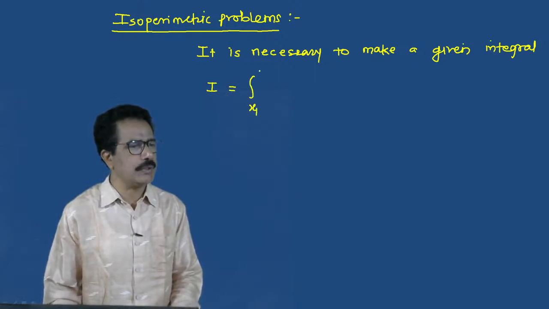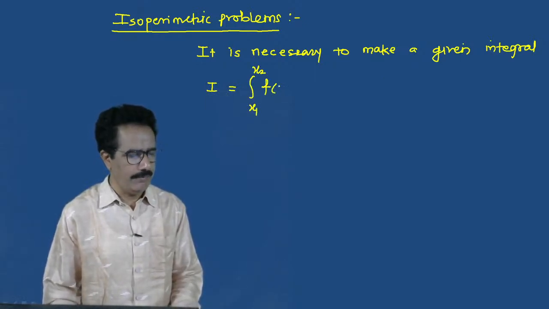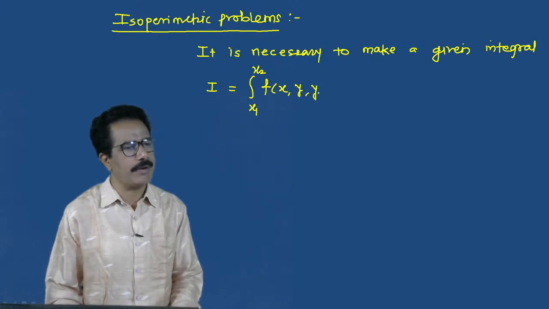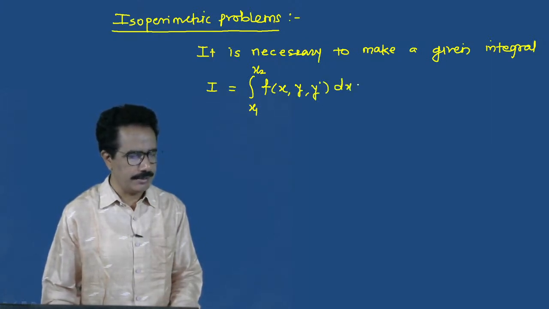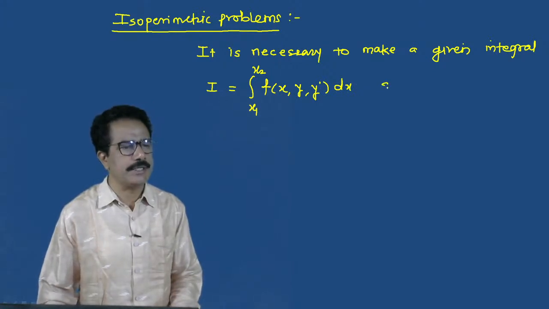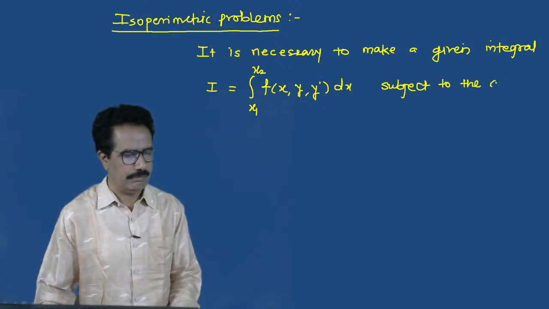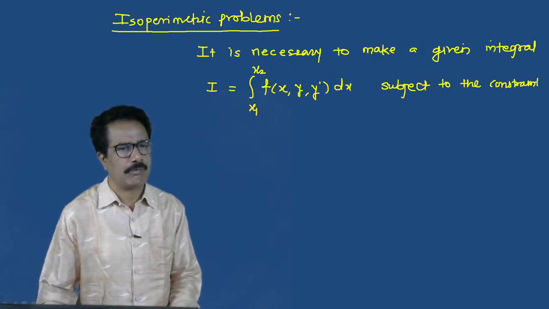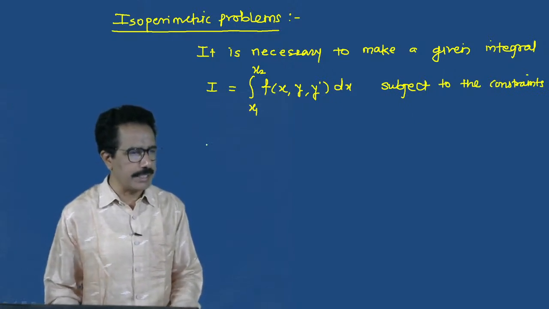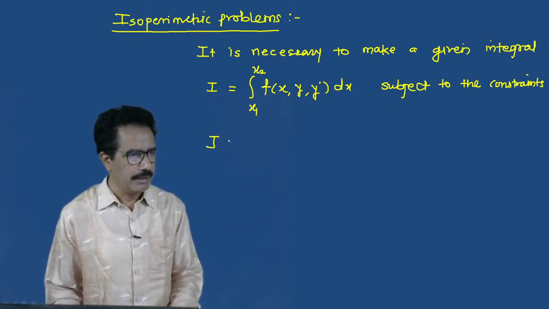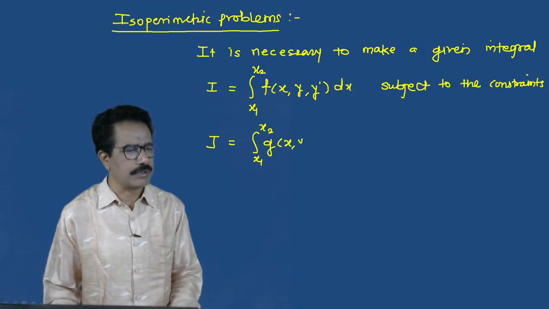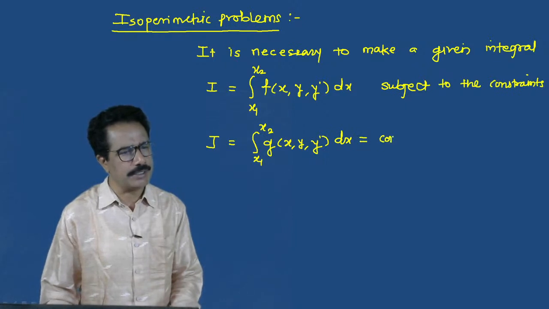integral from x1 to x2 of f of x comma y dash dx, subject to the constraint J is equal to integral from x1 to x2 of g of x comma y dash dx. Actually this is a constant.